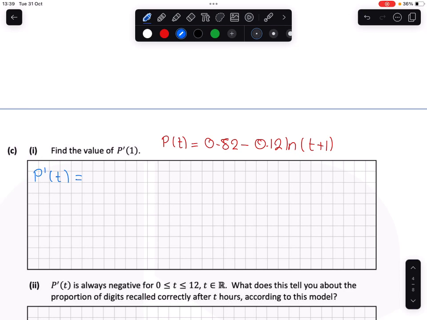Then we have minus 0.12 times the natural logarithm of t plus 1. The minus 0.12 stays there, and the natural log of t plus 1 goes to 1 over t plus 1.